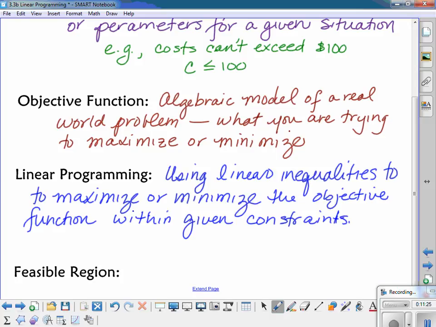Okay. And then finally, the last little vocab that went with this was the feasible region.